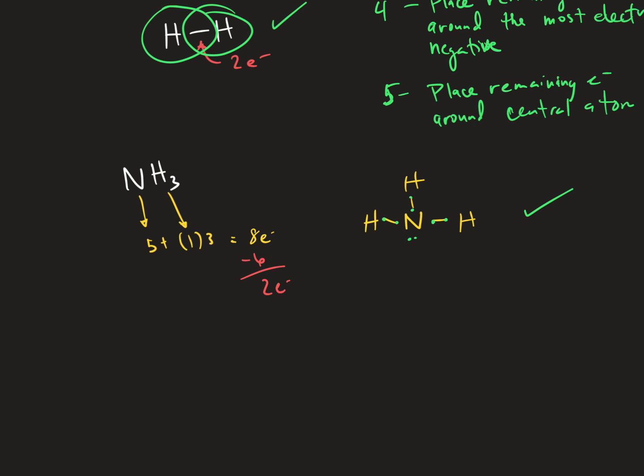So hydrogen has 2 because it's shared with nitrogen, and nitrogen has 8 because it's shared with 3 hydrogens. These are shared. That means each atom gets to include them as theirs because they're sharing them. Right? Did that answer your question? Yeah. Okay.